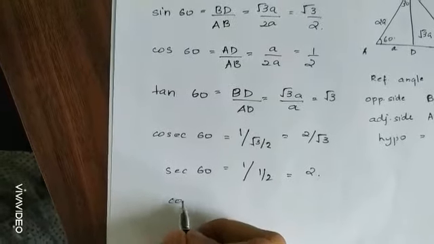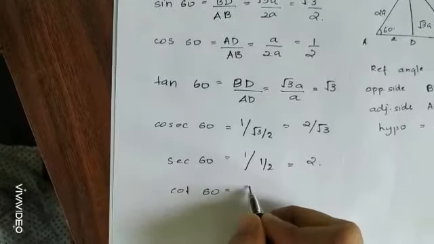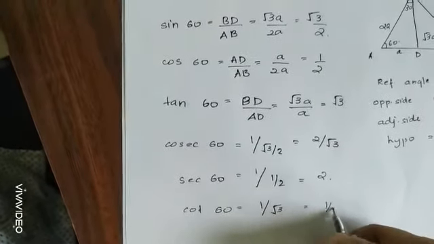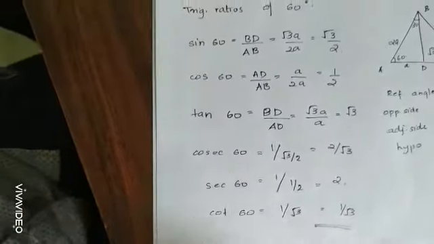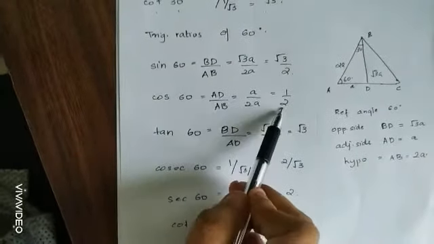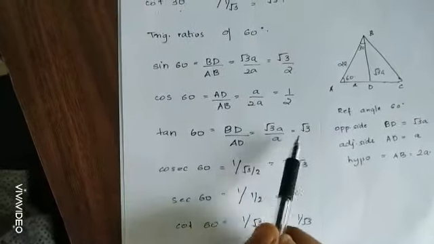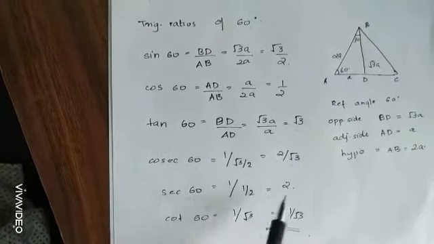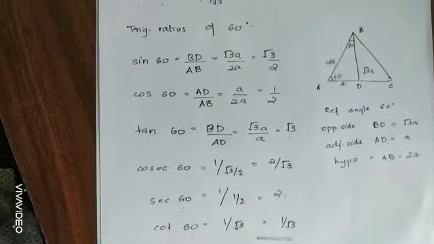Now cot 60 is 1 by root 3. Let me say, sine 60 is root 3 by 2, cos 60 is 1 by 2, tan 60 is root 3, cosec 60 is 2 by root 3, sec 60 is 2 and cot 60 is 1 by root 3.